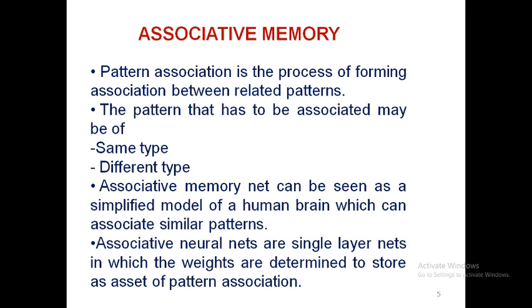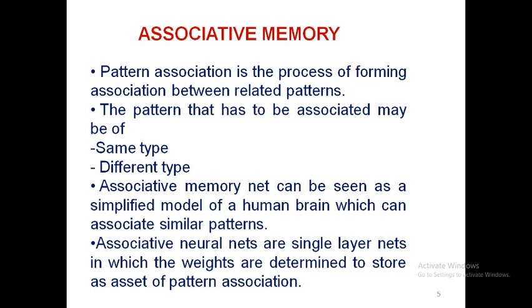Now the associative memory, we see further. Pattern association is the process of forming association between the related patterns. With those related patterns only, we are going to retrieve the data. The patterns that have to be associated may be of the same type or different type. Even in the neural network, that association may be of the same type or different type.